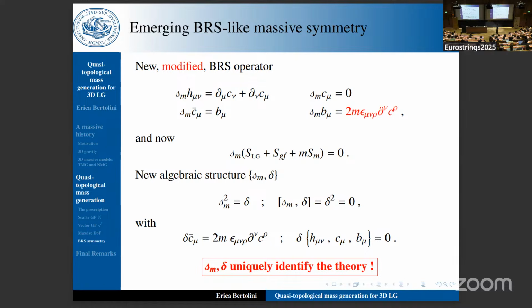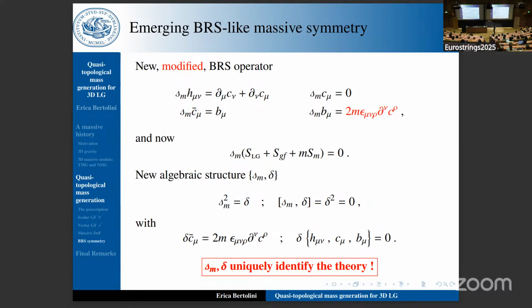I mentioned that that was a sign of a new symmetry, and in fact, we can define a new modified BRS-like operator through this additional term, and this is indeed a symmetry of the whole massive gauge fixed action. And not just this, because this new BRS operator is not nilpotent anymore. However, we are exchanging this nilpotency with the existence of a new operator delta, which is again a symmetry of the action.